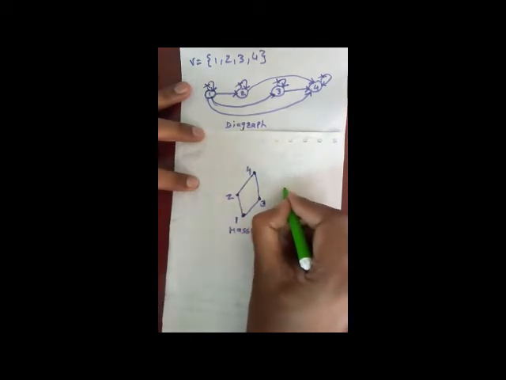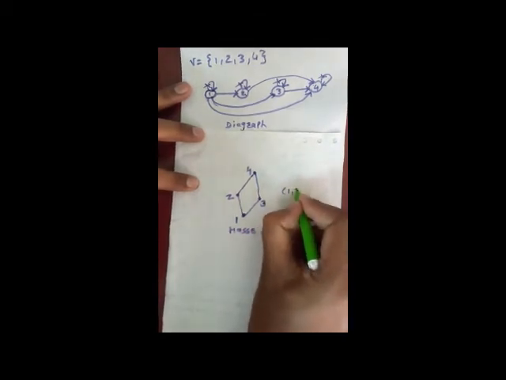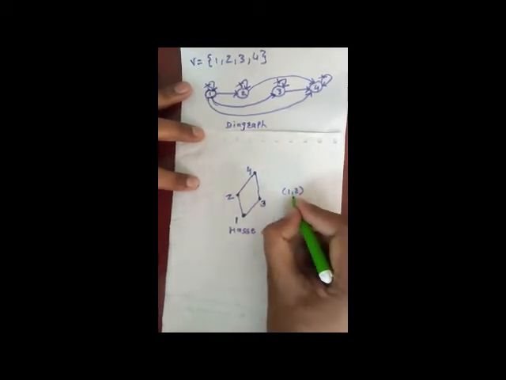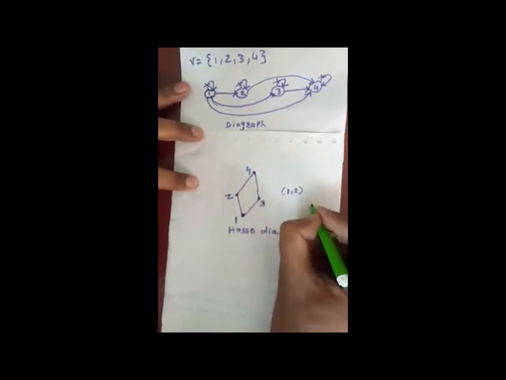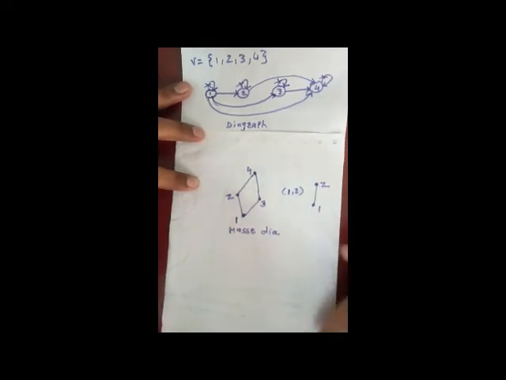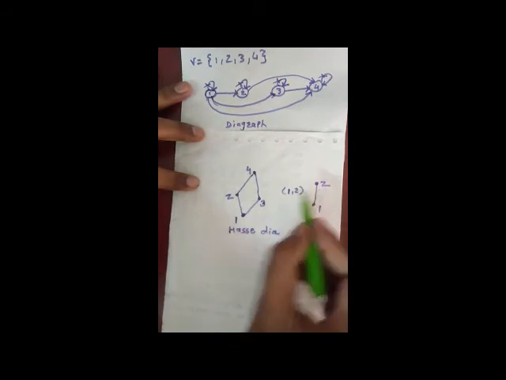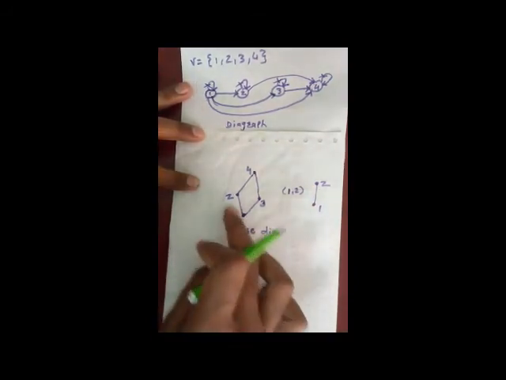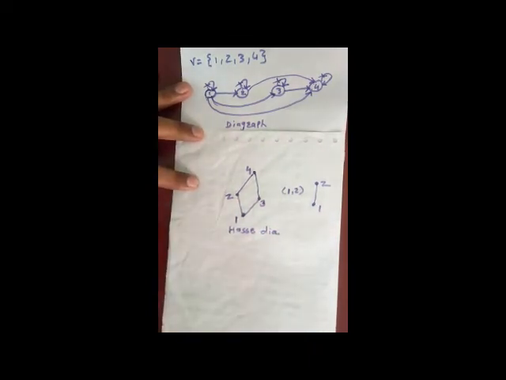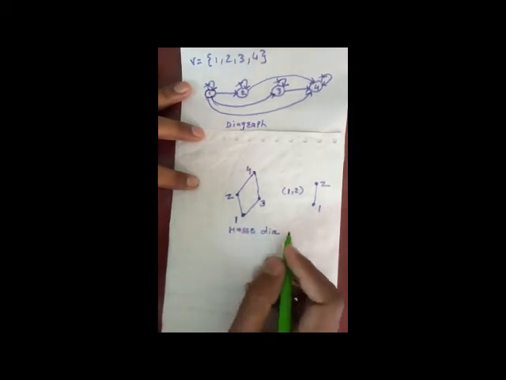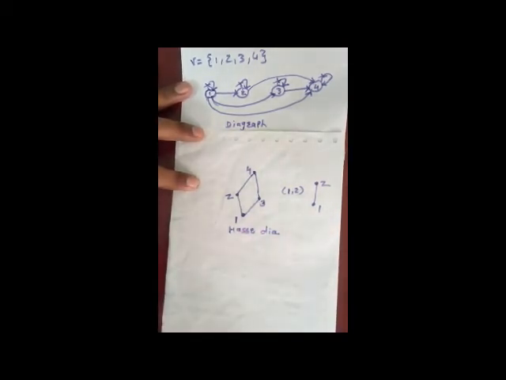Remember, if 1 is related to 2, then while drawing the Hasse diagram we consider 1 at the lower level and 2 at the upper level. In this way we can draw the diagram. So this is the answer of our third question, draw the Hasse diagram.